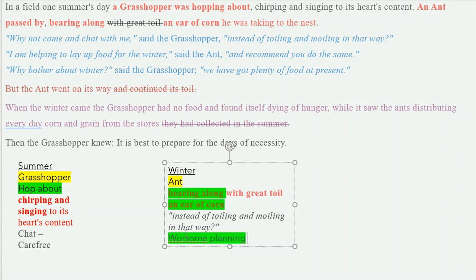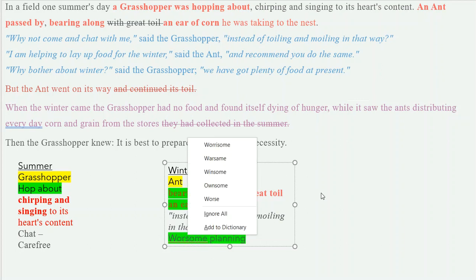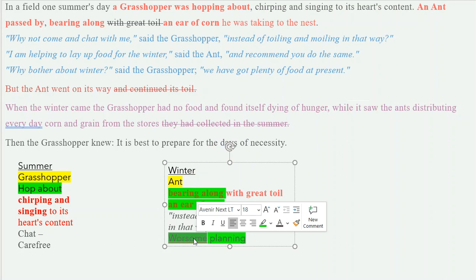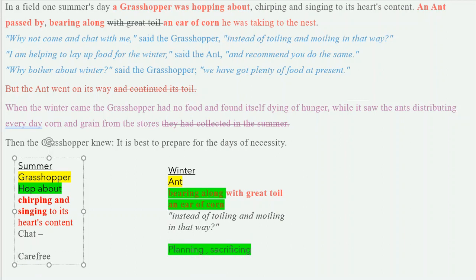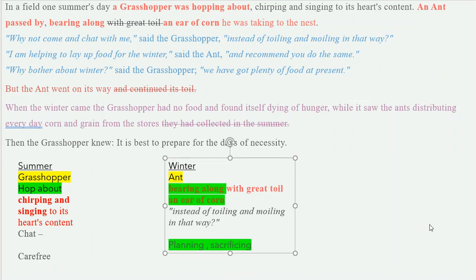So sacrificing the beautiful summer and planning for the future, as opposed to feeling carefree. Look at that. We have a lovely set of opposites: summer, winter, carefree, planning and sacrificing.